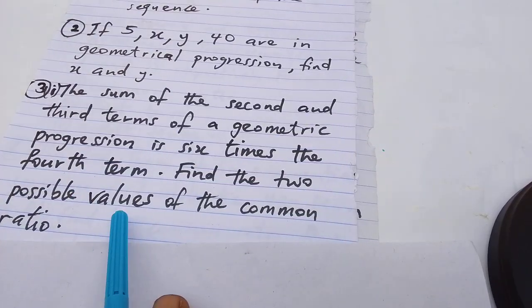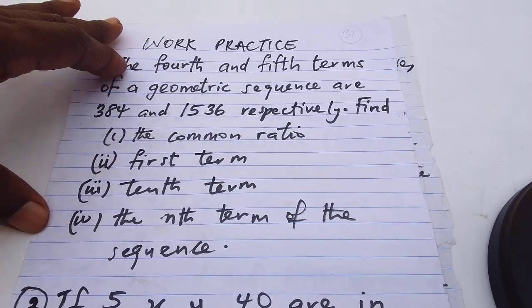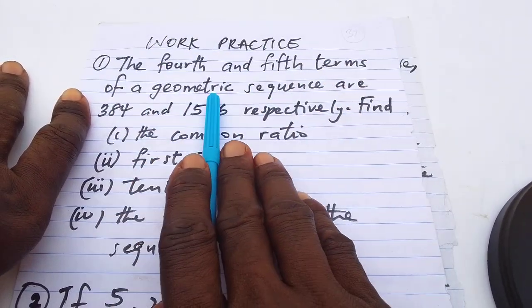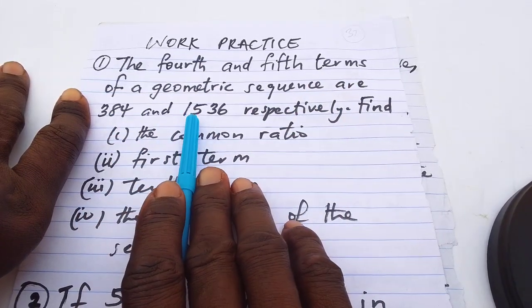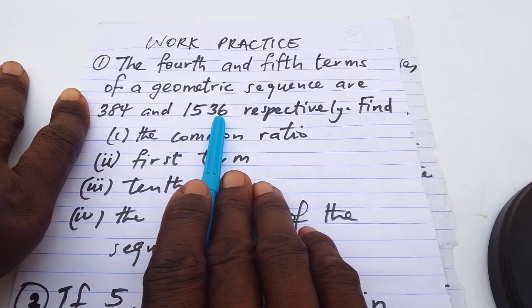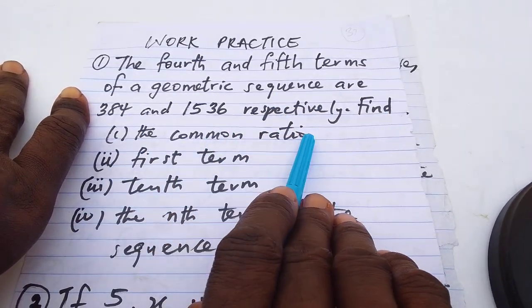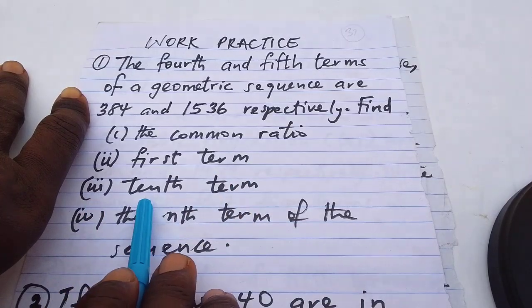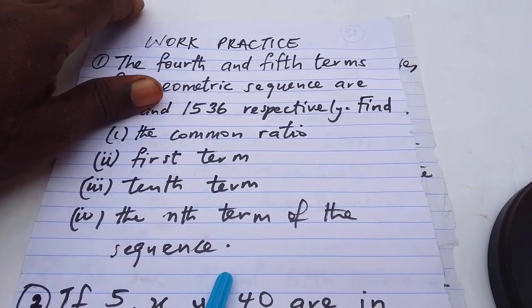For the work practice, number 1. The fourth and the fifth terms of a geometric sequence are 384 and 1536 respectively. Find (1) the common ratio, (2) the first term, (3) the 10th term, (4) the nth term of the sequence.